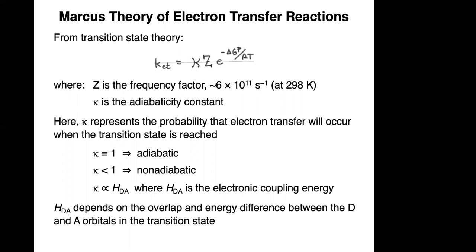So as you can imagine, for a lot of the inner sphere reactions that we considered, there's going to be a very obvious pathway for electron transfer, and those we might think would have a stronger coupling energy. So Marcus theory in principle only really applies to kappa near 1, so adiabatic systems.